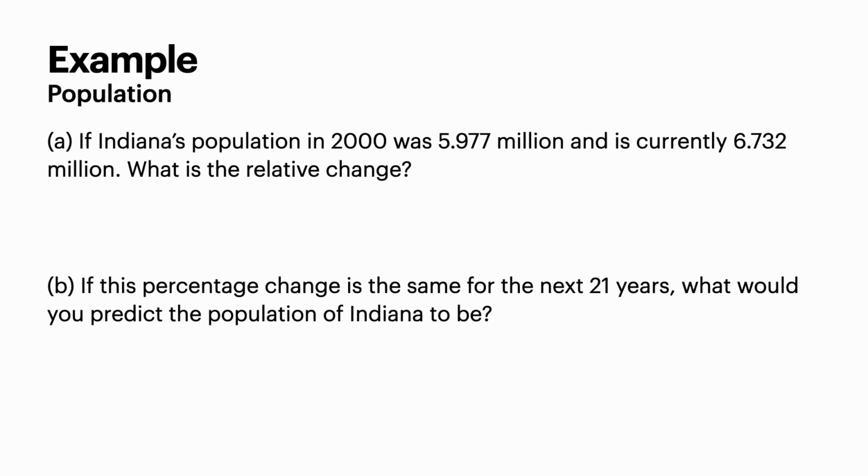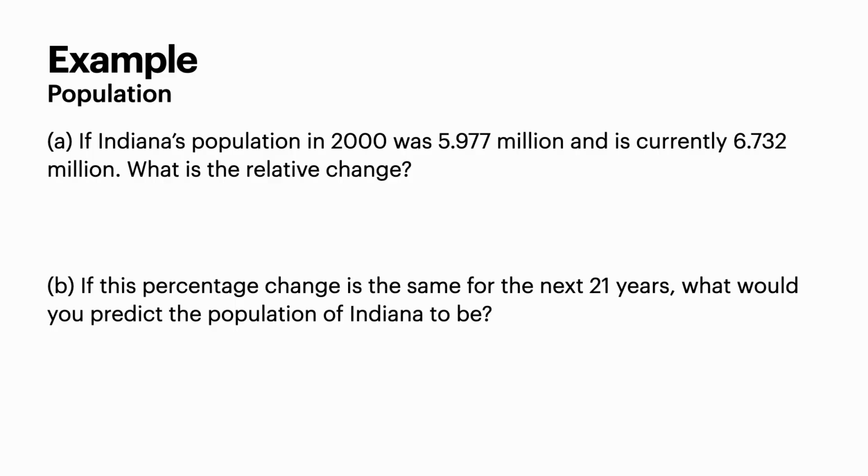More examples. Population growth. If Indiana's population in 2000 was 5.977 million and is currently 6.732 million, what is the relative change? So from the information we got before about how to calculate relative change, this should be relatively simple, pardon the pun.